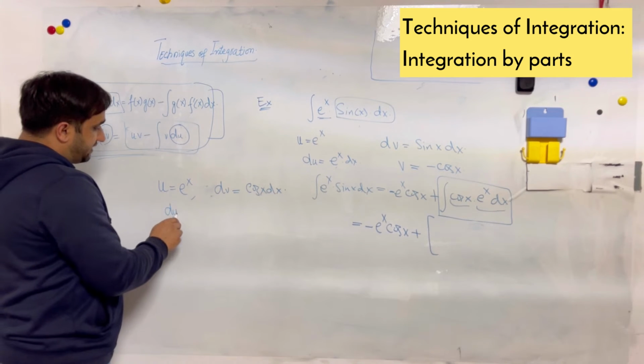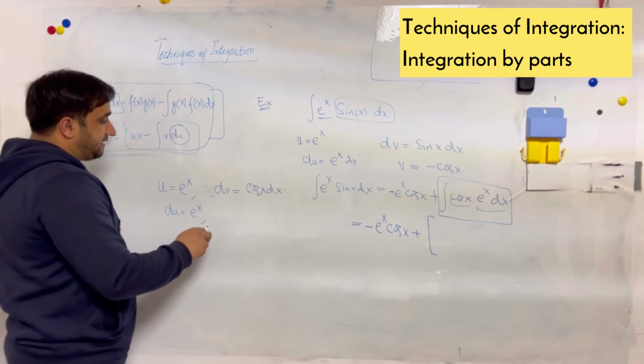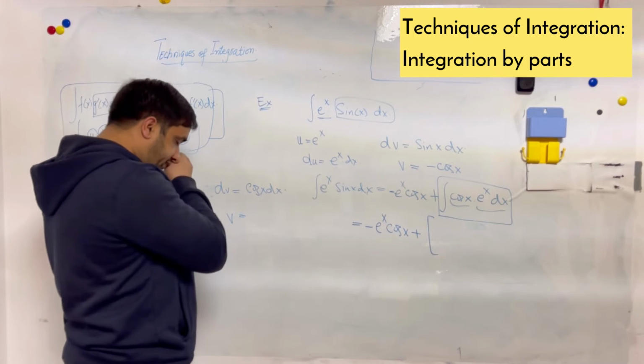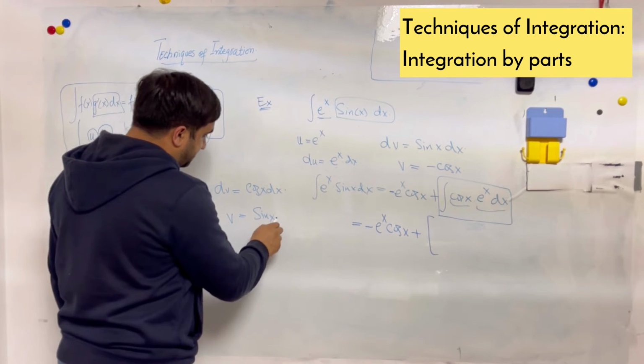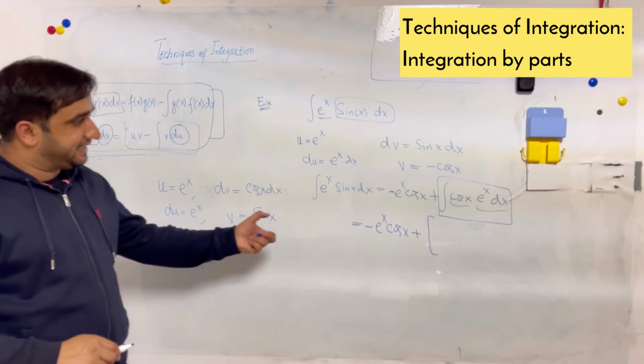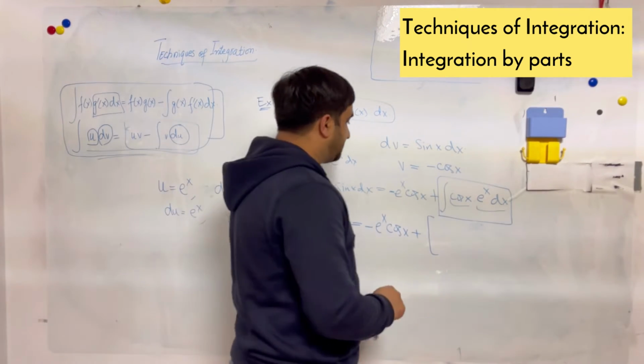So du will be e power x and v will be sin x. I'm going to apply integration by parts inside the bracket.